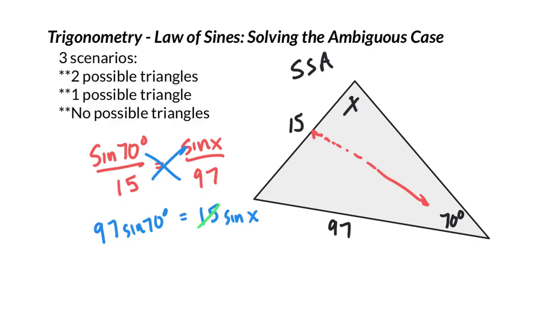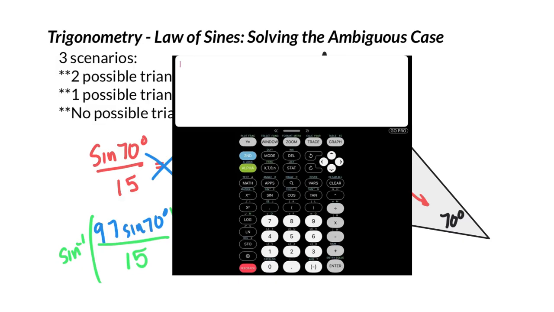Divide both sides by 15. And of course, if I want to get x by itself, I will take the inverse sine of both sides. So it's just x equals, let's see what happens. We're going to take the inverse sine of 97 multiplied by the sine of 70, all divided by 15, and we get a non-real answer.